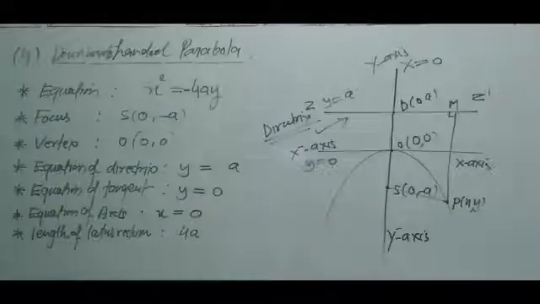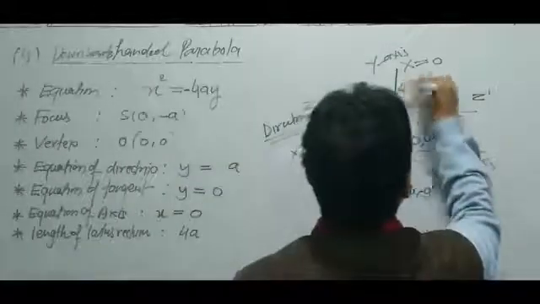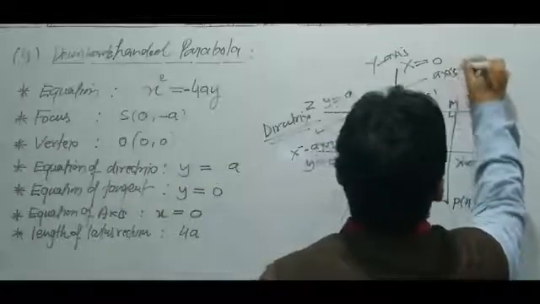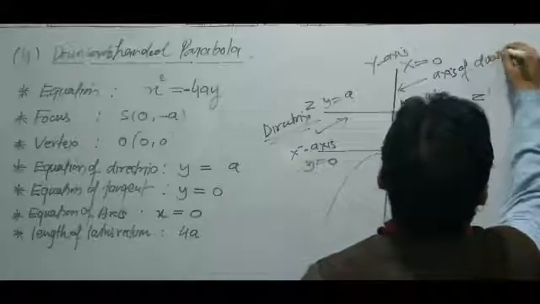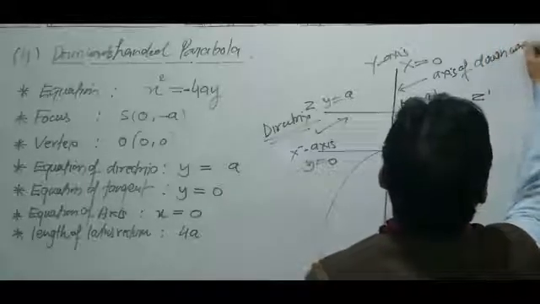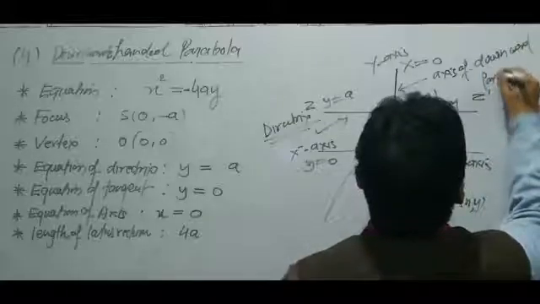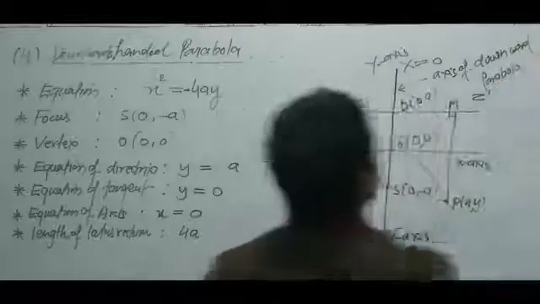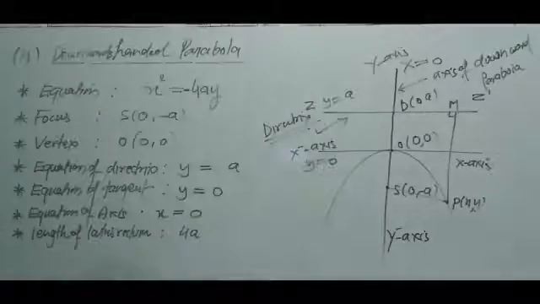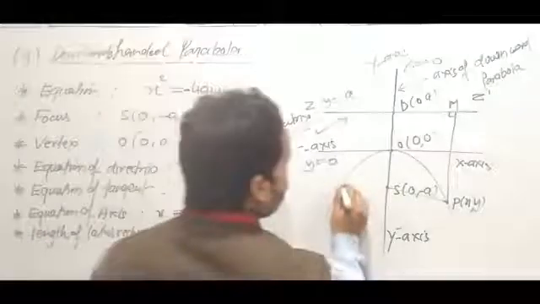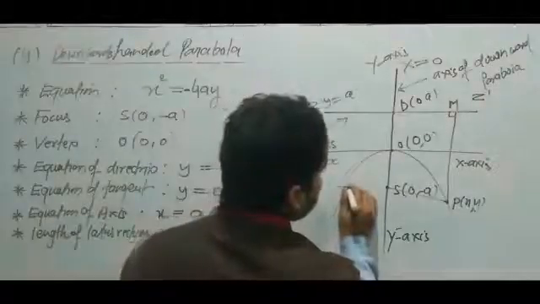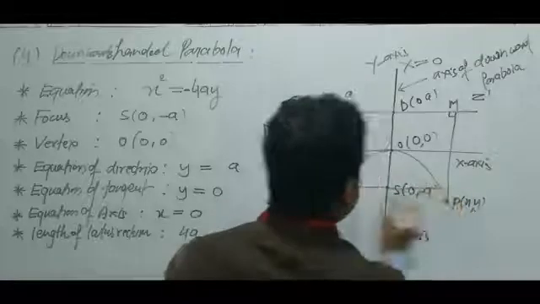Now see, and this is the axis of downwards parabola. And you know, this is the length of latus rectum, means latus rectum always passes through the focus.